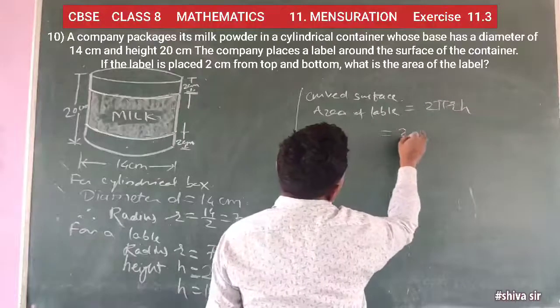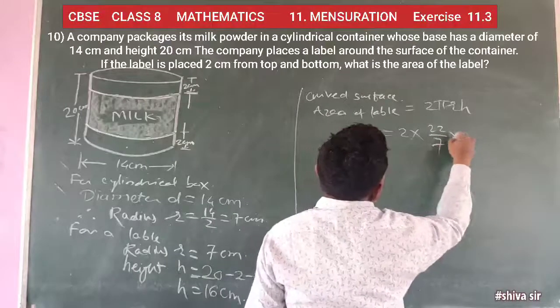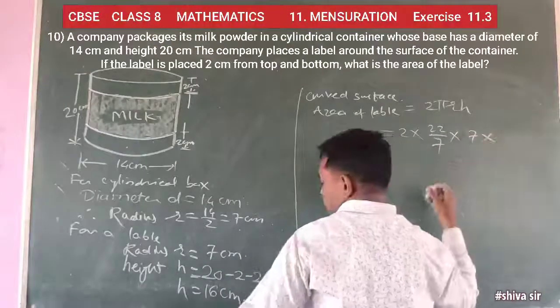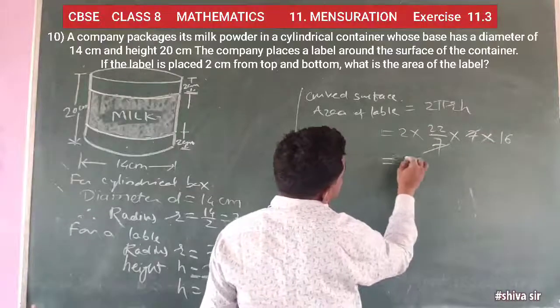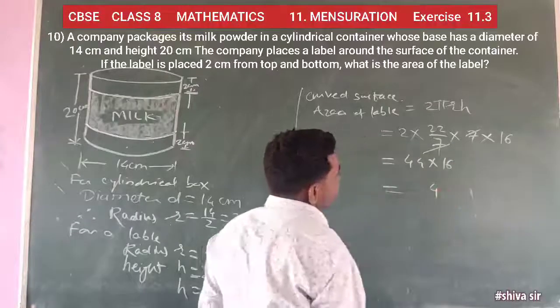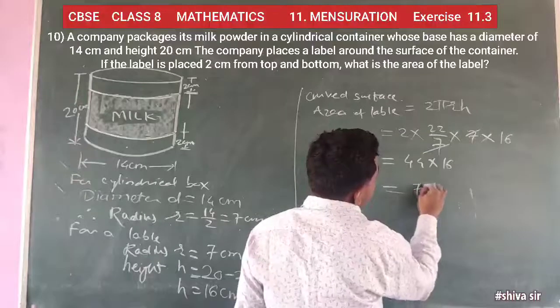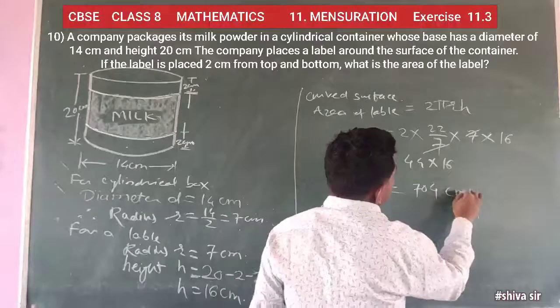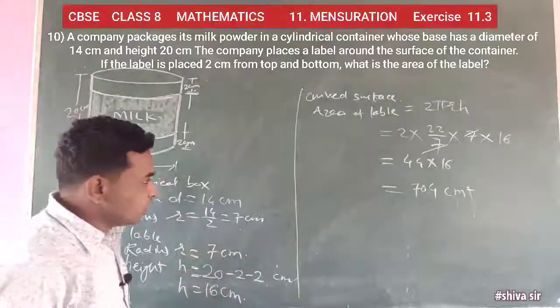So 2 as it is, pi is 22 by 7, radius is 7, height is 16. So 7 gets cancelled. 44 into 16 gives 704 centimeter square. It is the curved surface area of the label.